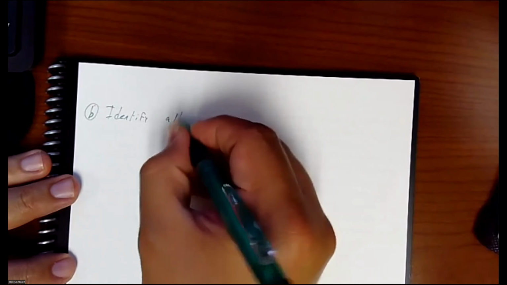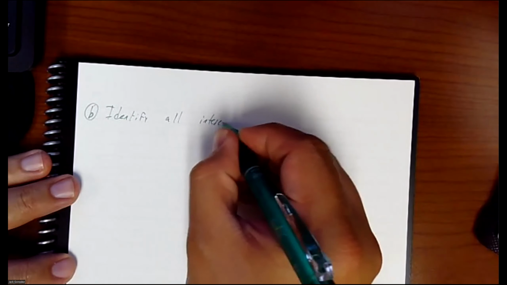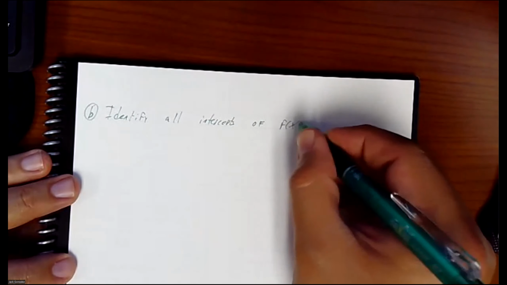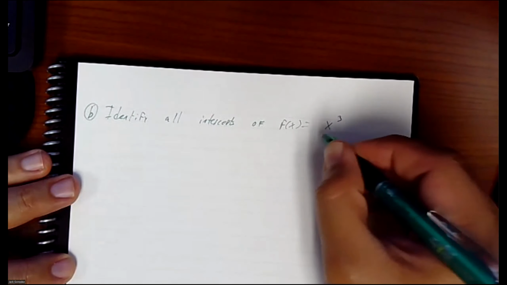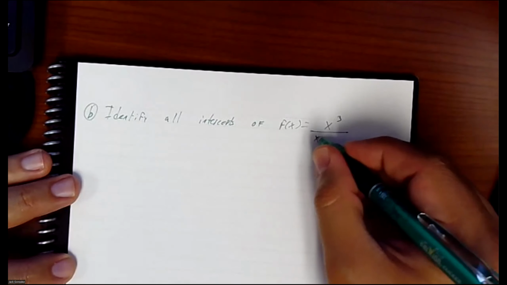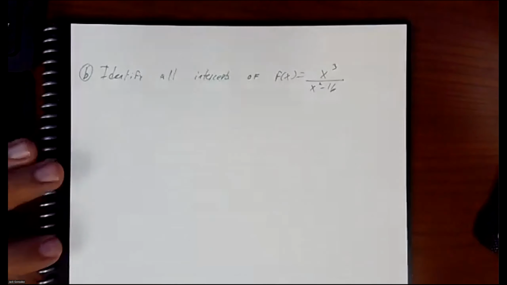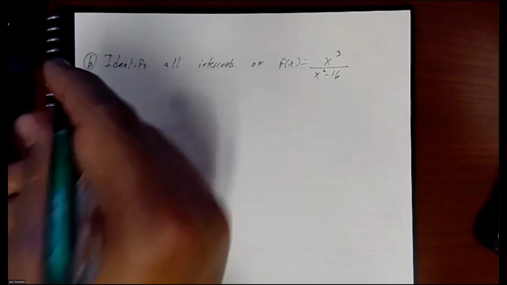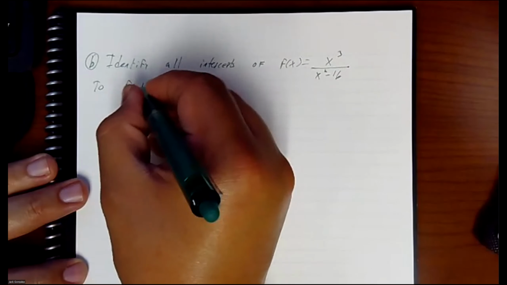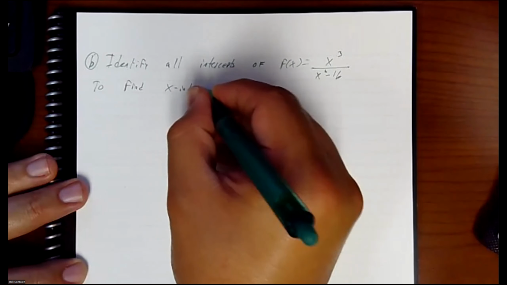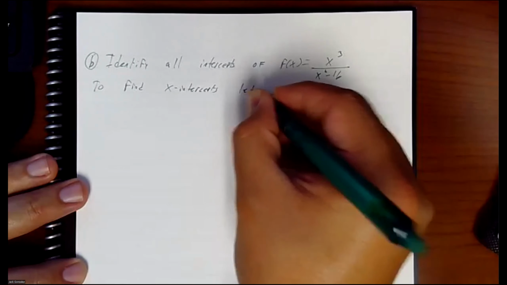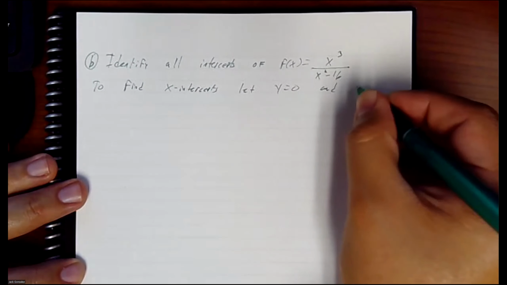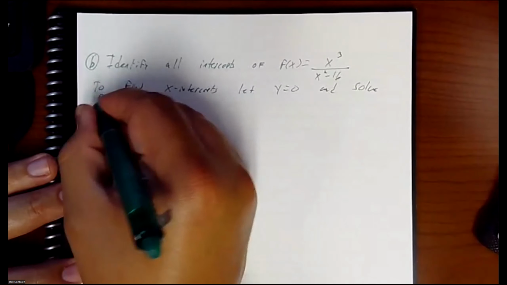Identify all intercepts of f of x equal to x cubed over x squared minus 16. Same question, same function. Remember we said to find x-intercepts, let y equal 0 and solve for x.